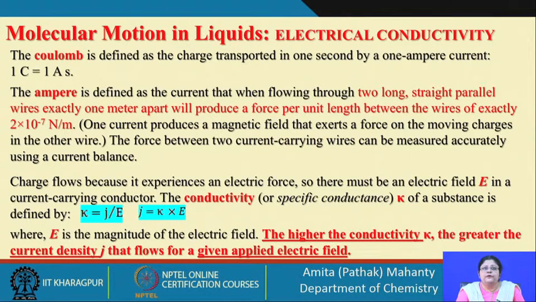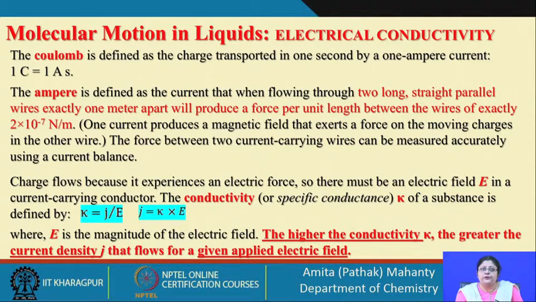Coulomb is defined as the charge transported in 1 second by 1 ampere current. Okay. Ideally we should be defining the current in terms of the coulomb. Coulomb is the charge, but instead of the charge, we always represent the electrical charge transport in terms of the current, and that is in amperes.